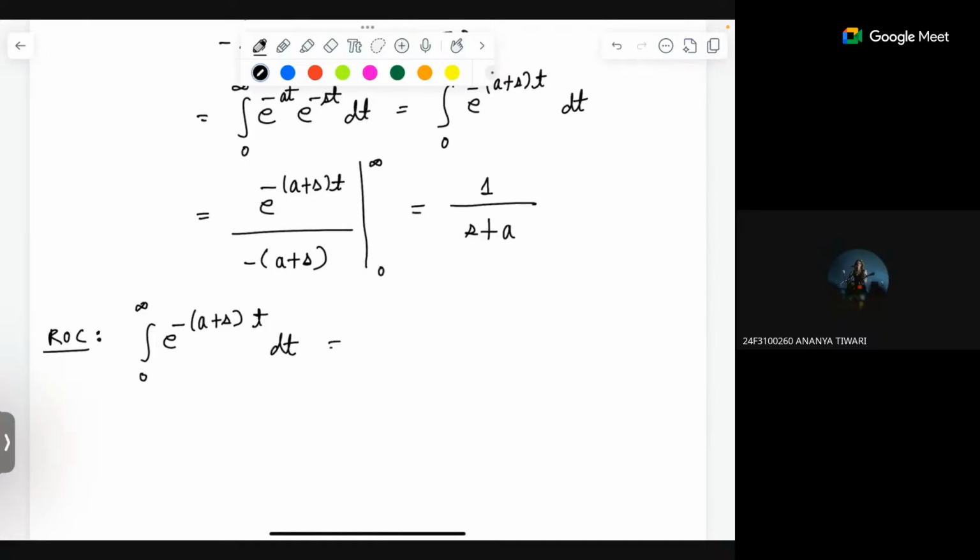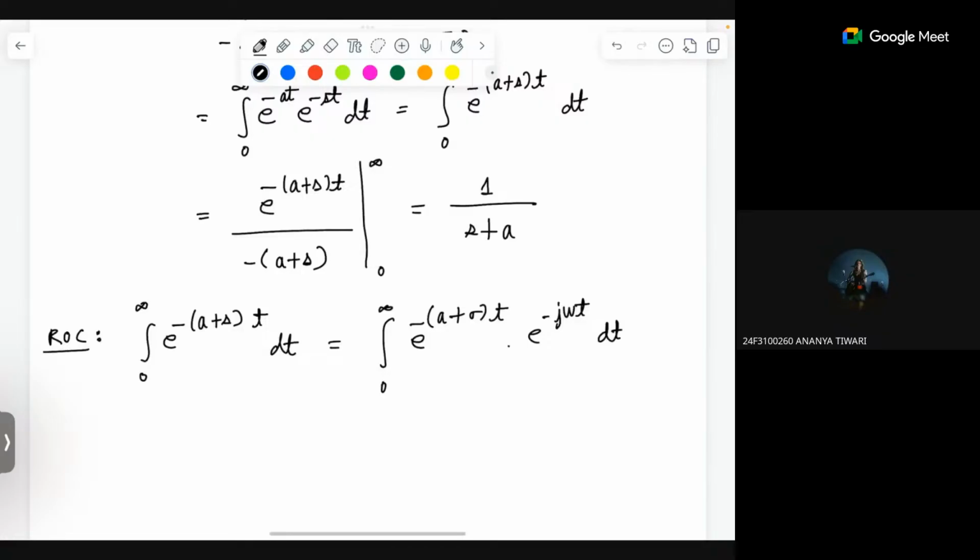And we will break s into sigma plus j omega. So I have e raised to the power of minus (a plus sigma)t times e raised to the power of minus j omega t dt. This step is fine. Yes, ma'am.